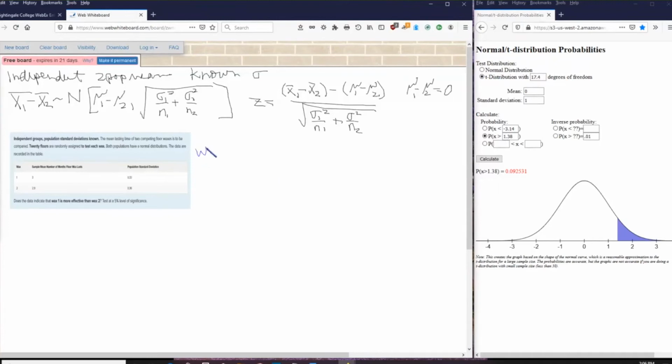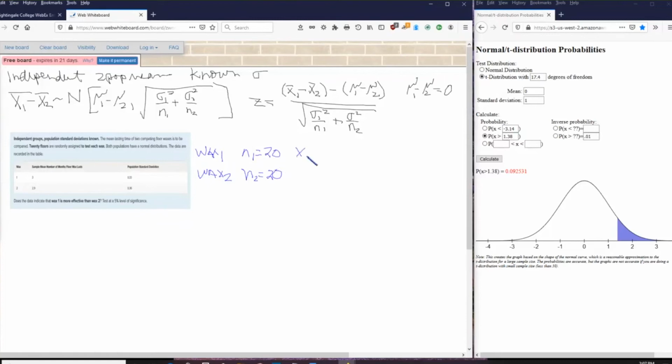So we have wax 1 and wax 2. Both of them are going to have a sample size of 20. They say 20 floors were tested. Each wax was tested with 20 floors, so that both have equal sample size.